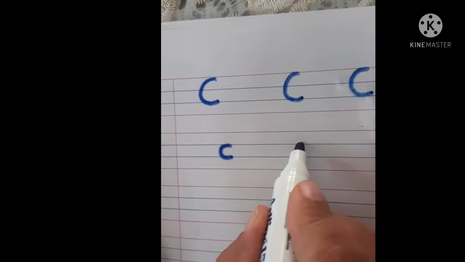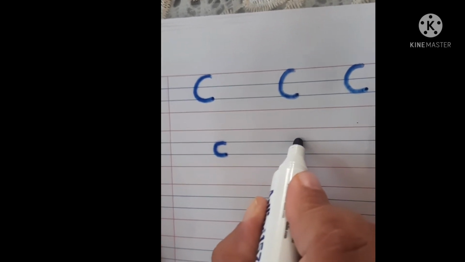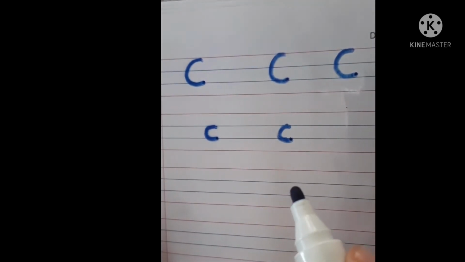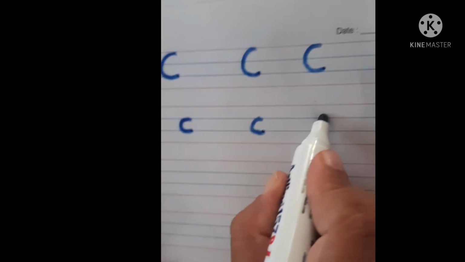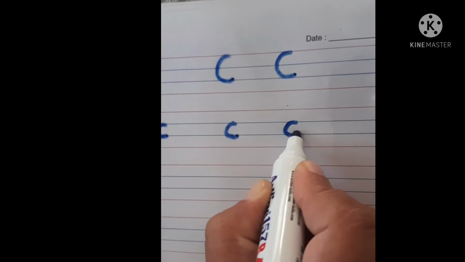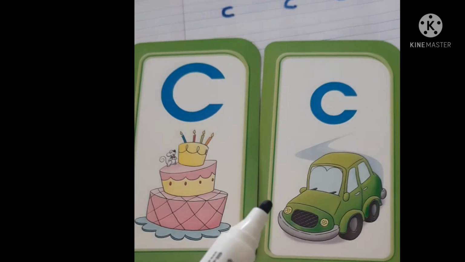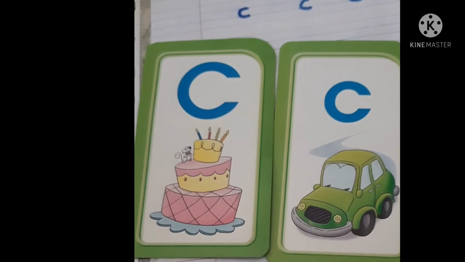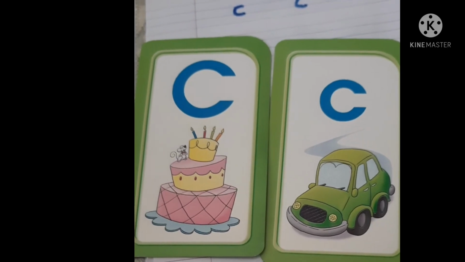Starting from the middle blue line, draw a left curve till the bottom line. This is small letter c. C for car, C for cake.